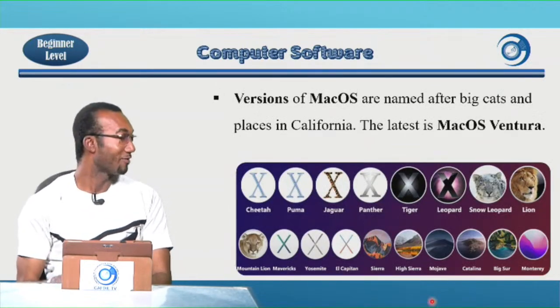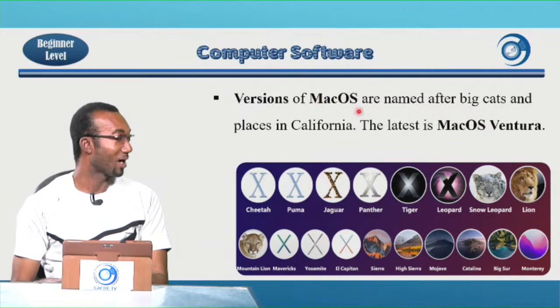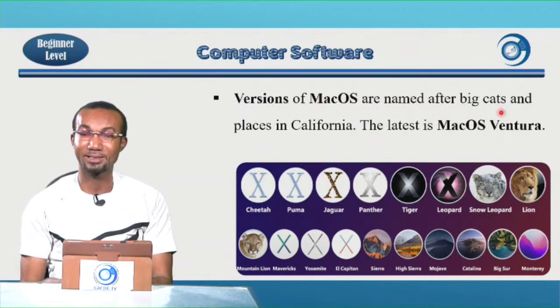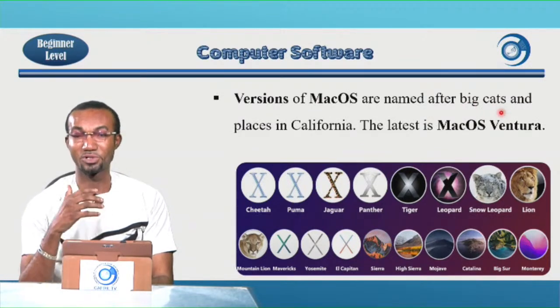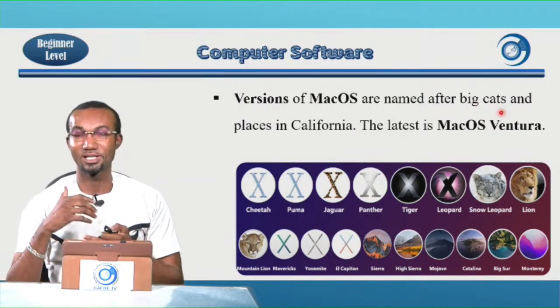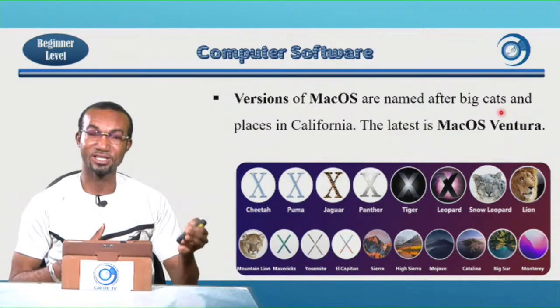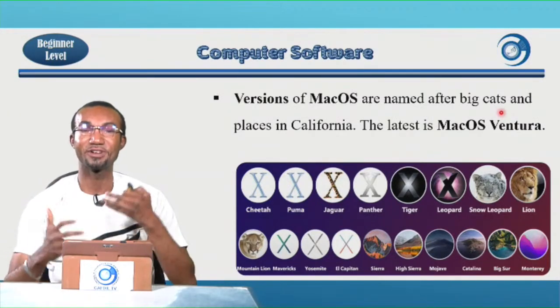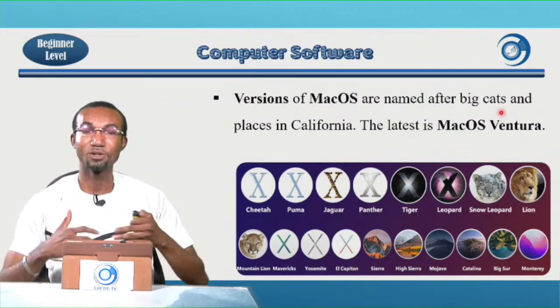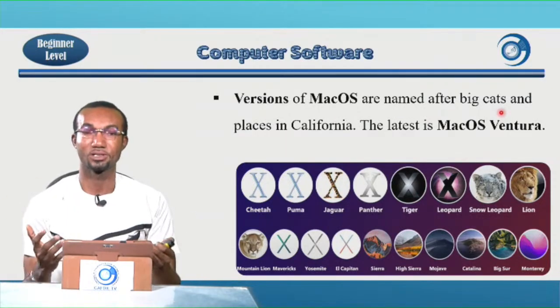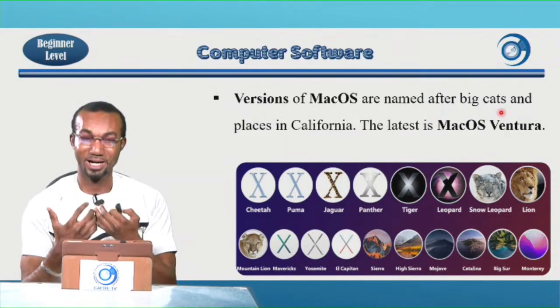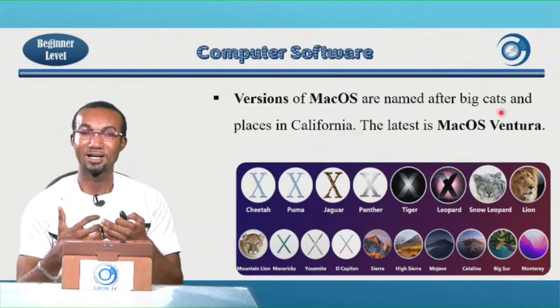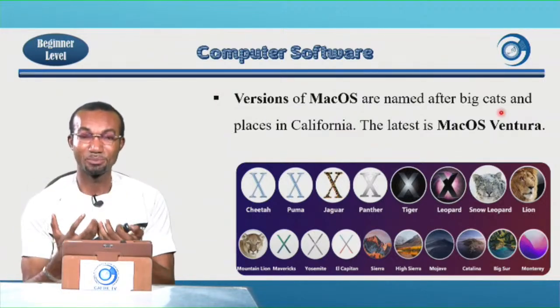And they also have versions, and versions of Mac OS are named after big cats. When we were talking about Windows, we talked about Windows 7, Windows 8, Windows 10, Windows 11, Windows Vista, Windows Millennium. These are versions of Windows. But when it comes to Mac, Apple names their operating systems after big cats.